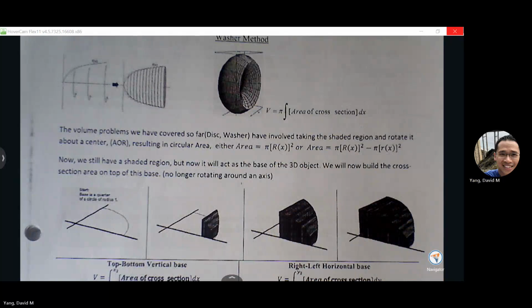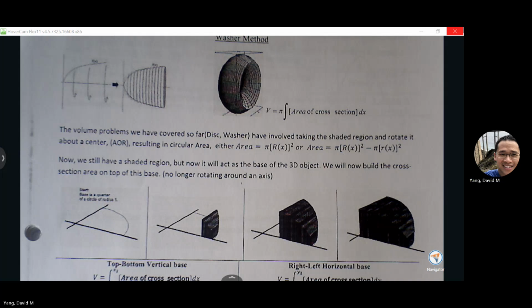But now, what if the object that we're building or the volume that we're trying to find is not for an object that has a circular cross section, but what if it had different shapes? What if you were to slice the object, you open it up, it ends up being a square or a triangle or a semicircle?